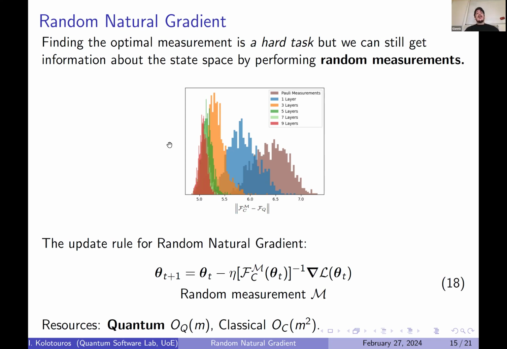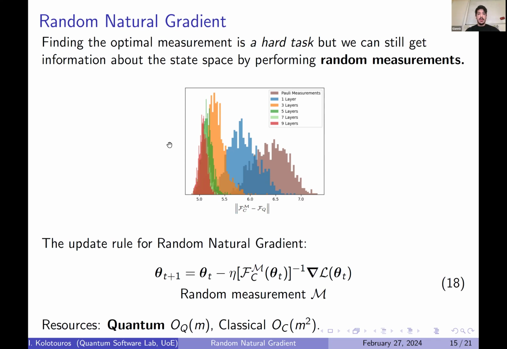So what we found is that if you choose a hardware efficient ansatz at the end of your quantum circuit and perform this random unitary and measure in the computational basis, as you increase the expressiveness of this random unitary that rotates your quantum state before measuring, it approximates the optimal measurement. So instead of solving this optimization problem, you're still approximating it by introducing randomness in your quantum circuit. And we propose the update rule in equation 18.